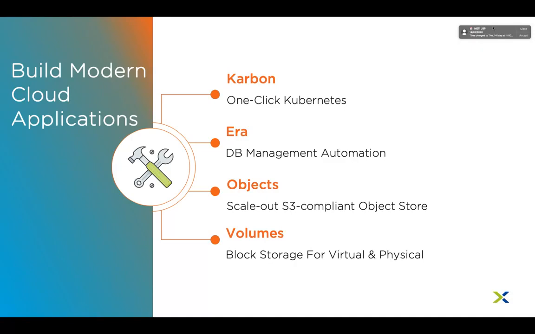We can create volumes, which are more or less like a LUN, and present them to VMs on top of Nutanix that you want to make a clustered application, or even present them as iSCSI targets to external physical or bare metal servers.